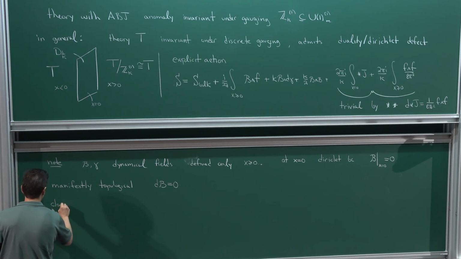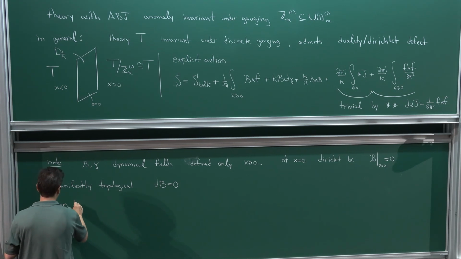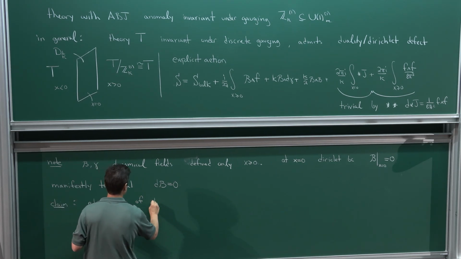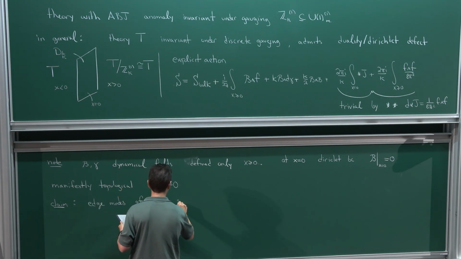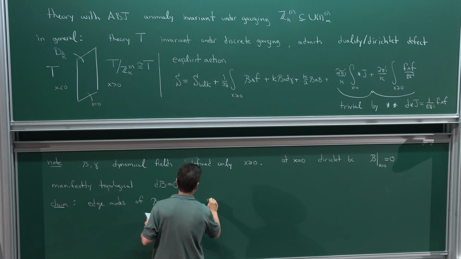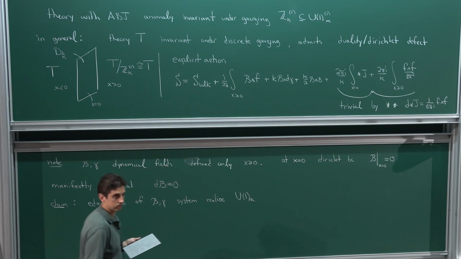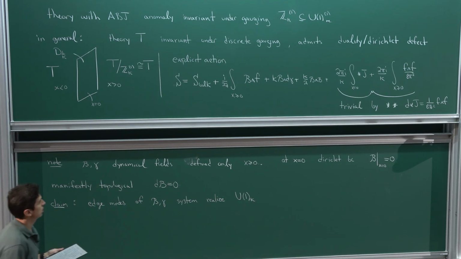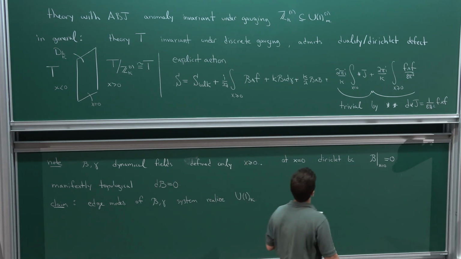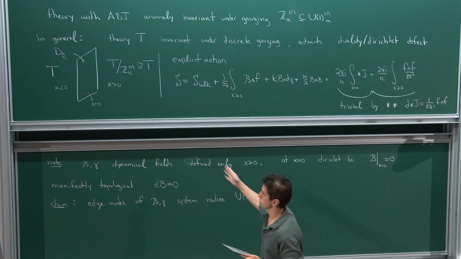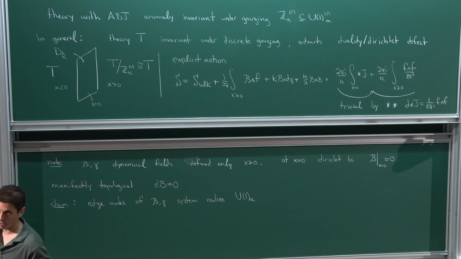So the basic claim, which I will sketch out for you in a slightly cheating way, is that the edge modes of this beta gamma system realize U1 level K. So we'll see that by integrating out this beta gamma system, we'll get our U1 level K, and that will then show that this duality defect is actually the same as our other construction of the chiral symmetry defect. So we'll have two different points of view.